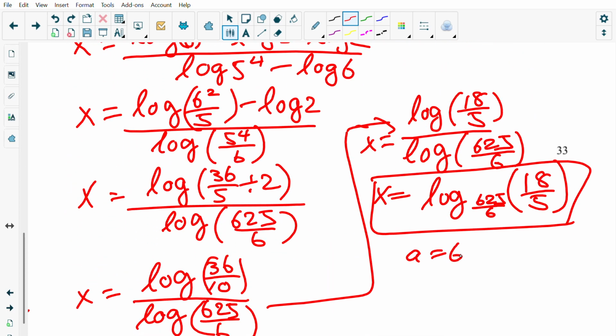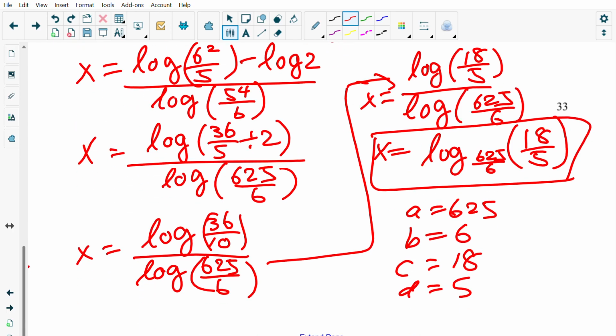Okay, that's your exact value where A, B, C, D: A equals 625, B equals 6, C equals 18, D equals 5. Estimated value, x equals, nearest hundredth, 0.28. This is a challenging one, lots of steps.